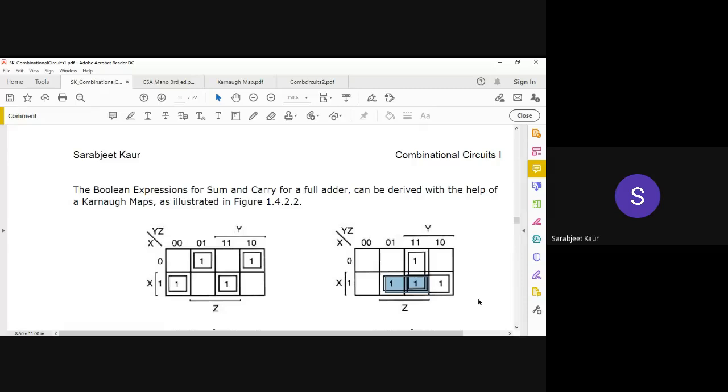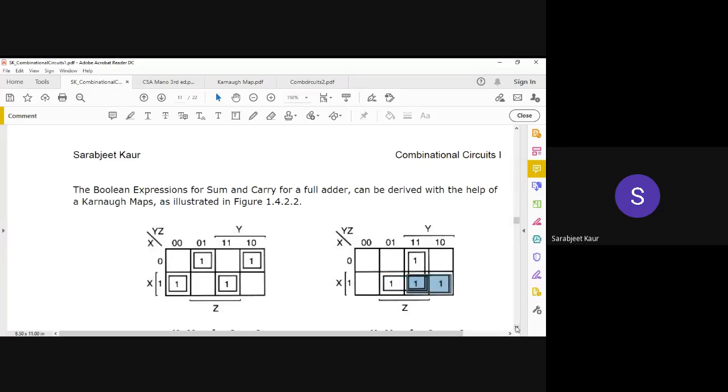Is there any quad that I can form first of all? No, ma'am. So when I form this doublet, I'm left with these two ones. So I form this doublet as well. Then I'm just left with this one. So I'll form another doublet, which is this, right?